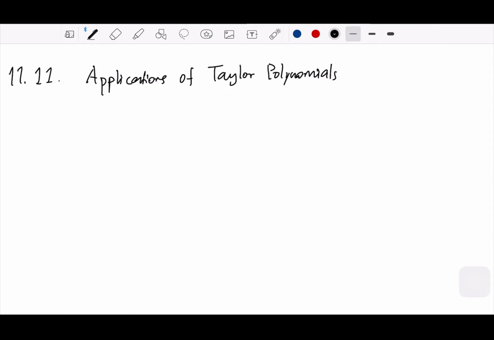For the applications, there are several applications, but I think I will just focus on one application. Okay, so for the Taylor, this is to approximate functions.